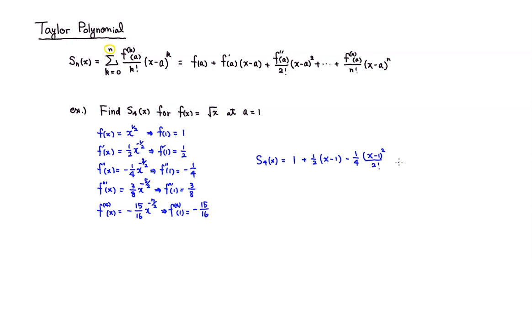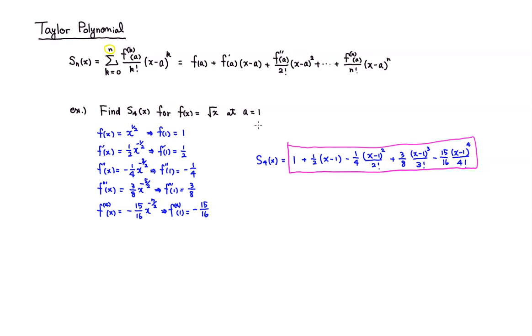Next one is 3/8 times the quantity x minus 1 cubed, divided by 3 factorial. Last one is negative 15/16 times x minus 1 to the 4th power, divided by 4 factorial. So this is the Taylor polynomial of degree 4 for square root of x.